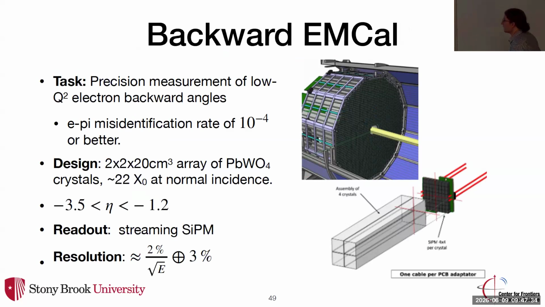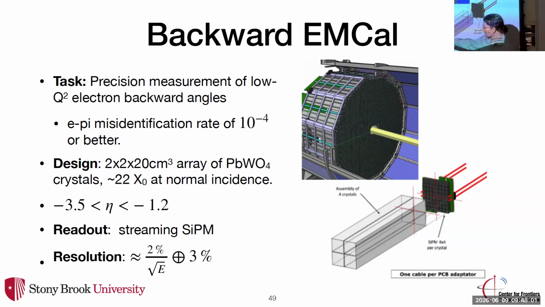Okay. Its job is to look for that low Q squared final state electron. So the trick is to make sure that it can tell an electron from a pion in the electromagnetic calorimeter and also use the hadronic calorimeter behind it to tell that apart. And it's made out of lead glass, which continues to not be a good example of a homogeneous detector.